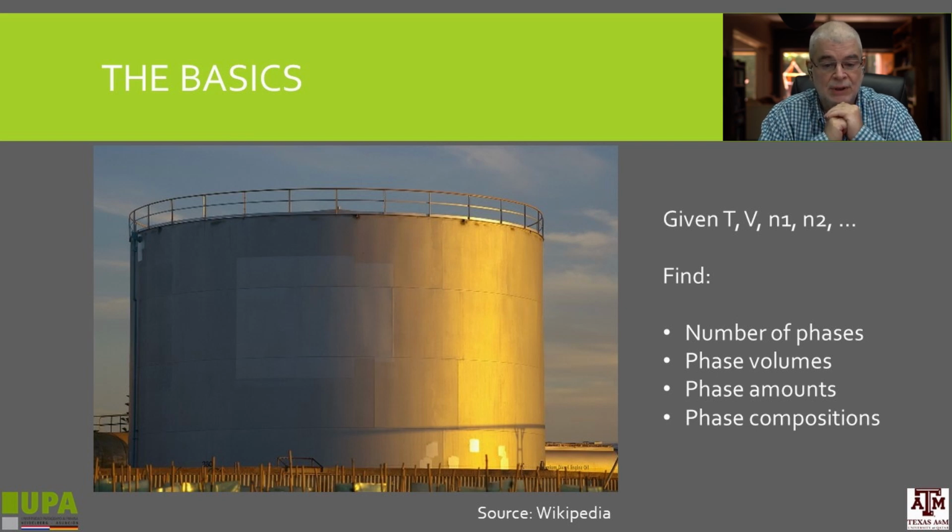Then I would also like to know the amount of each phase, the composition of each phase, the volume of each phase, and I might be interested as well in calorimetric properties like the enthalpy of the phases, internal energies, and so forth. So this is the most basic version of a volume-based calculation that might be of practical interest.